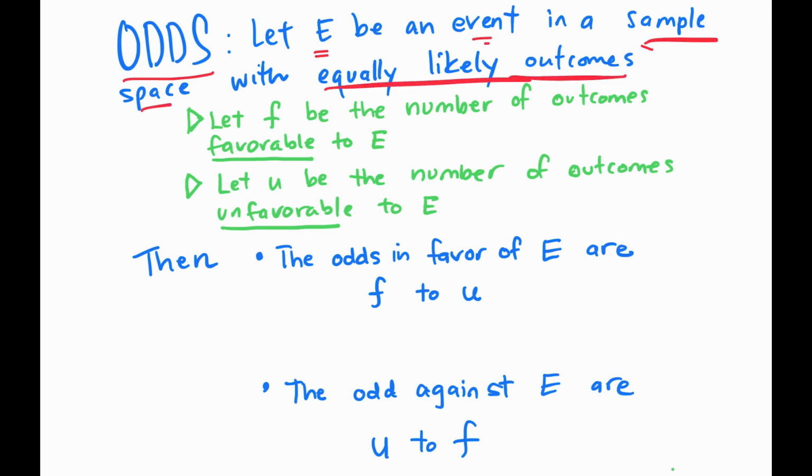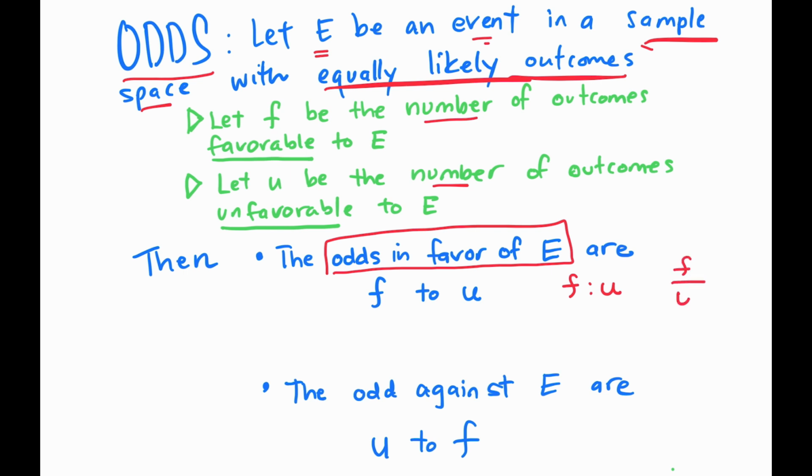So let F be the number of outcomes in favor of E, and let U be the number of outcomes unfavorable to E. Okay, so then we say that the odds in favor of E are given by F to U. So you can also write this as F:U, and you can calculate it as a number as F divided by U.